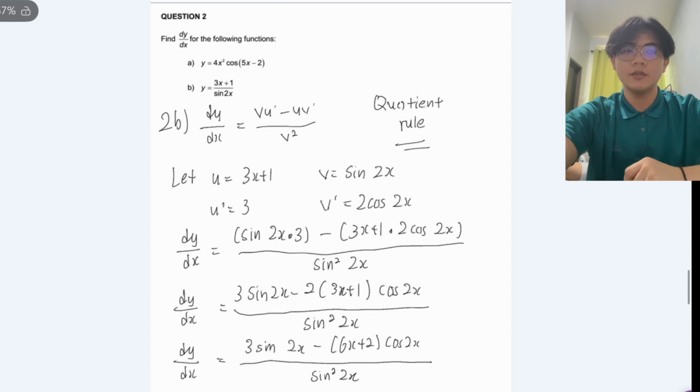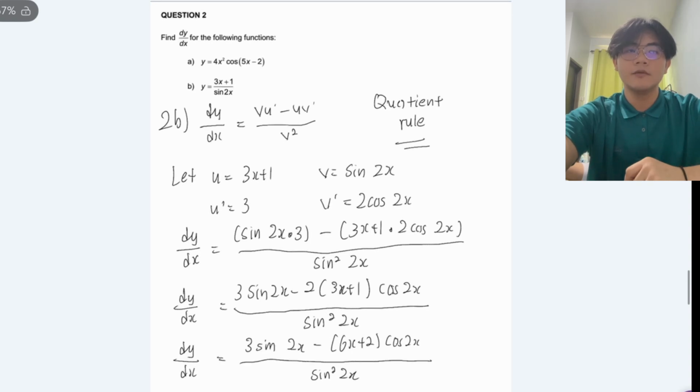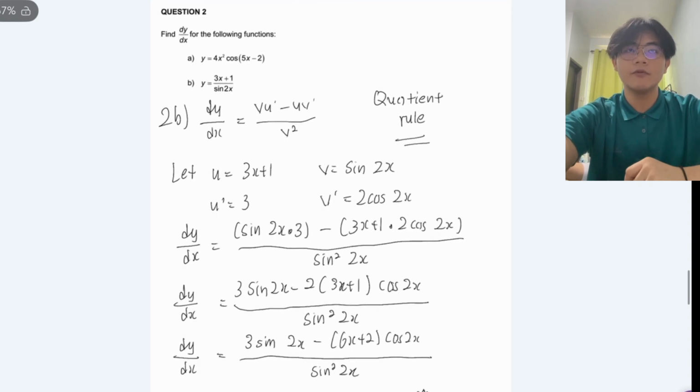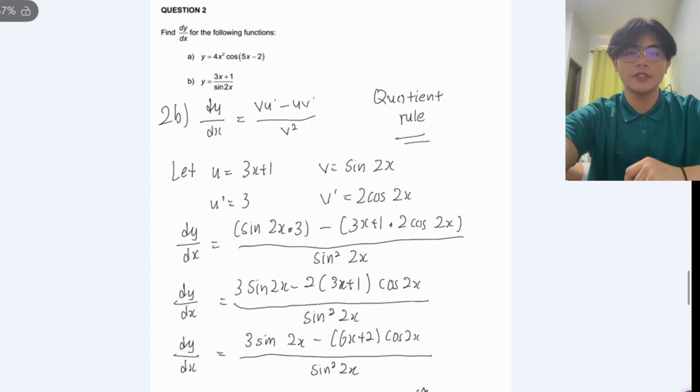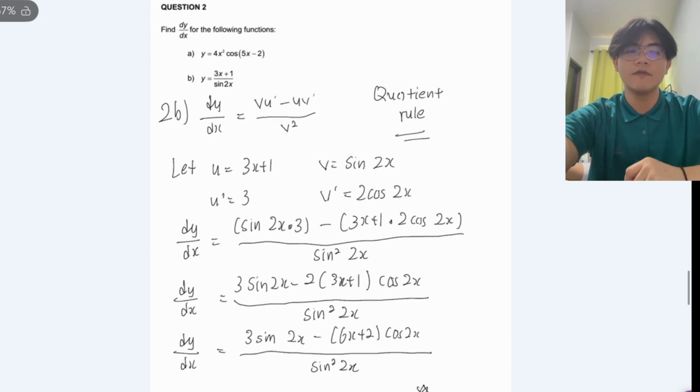Question 2b. y equals (3x plus 1) over sin 2x. From the function, we can see there is a denominator and a numerator, so we know that we will use quotient rule for this function. So we need to let dy/dx equal to v u prime minus u v prime over v squared.